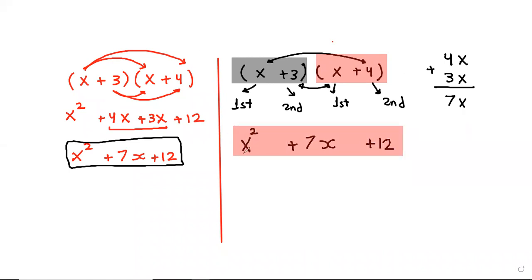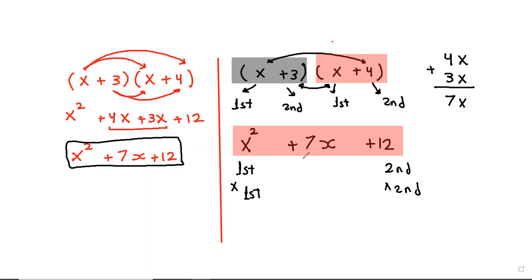So x^2 is the product we obtained from multiplying the first by the first. And 12: we got 12 from multiplying the second by the second.